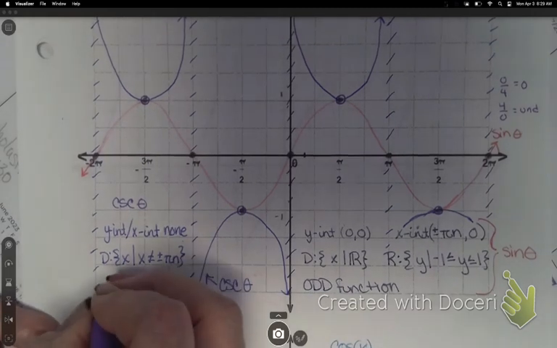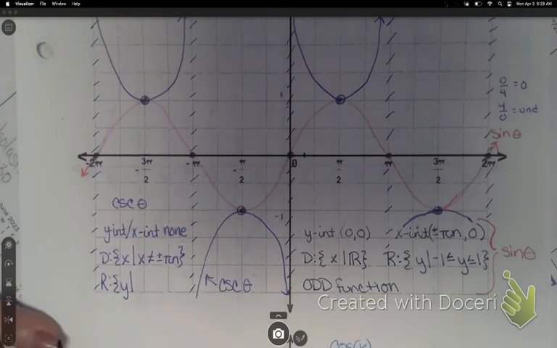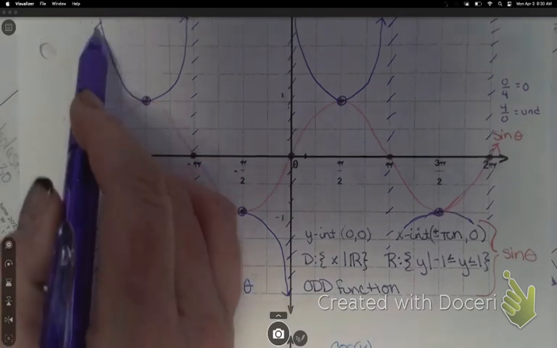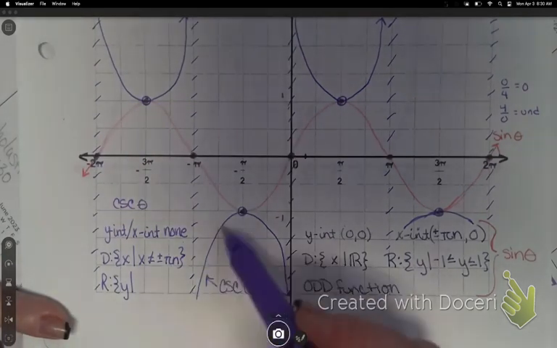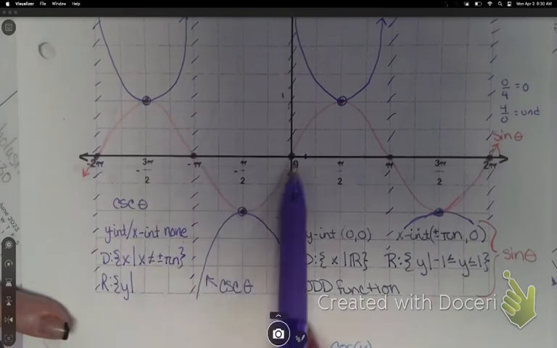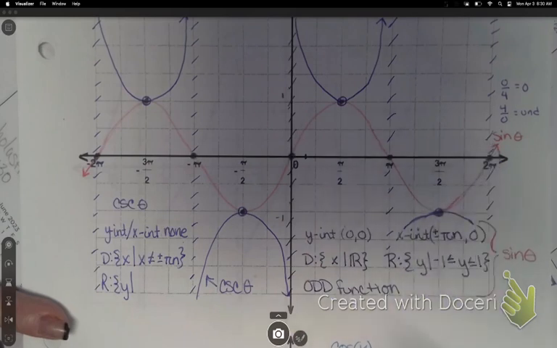What about range? This might be a tricky one. Does it use all the y's? It comes down to 1 and bounces off. It comes up to -1 and bounces off. So it doesn't use anything in here, does it? So it can equal 1 or -1.